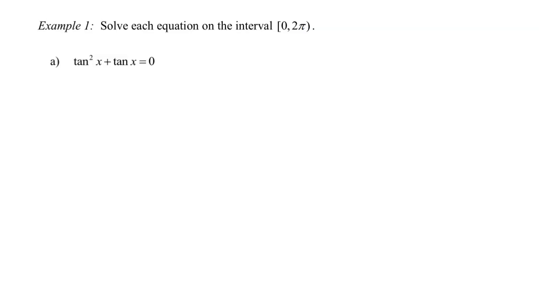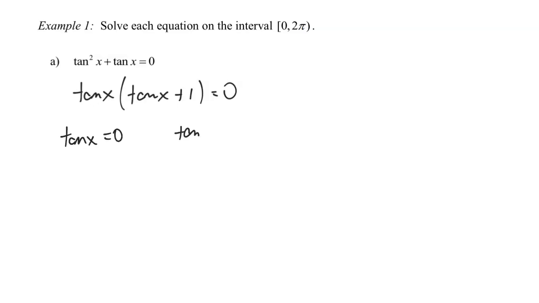So I'm going to factor out the greatest common factor, which would be tangent of x. That gives me tangent of x plus 1 left over on the inside of the parentheses. Now that I have two factors and they're equal to 0, I'm going to set each one of them individually equal to 0, and then I'm going to try to solve.